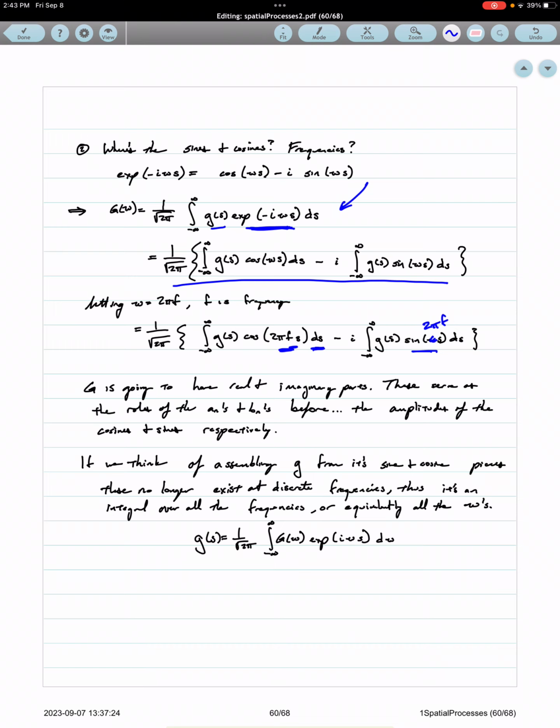Unlike in the previous Fourier series expression, we're going to have real and imaginary parts, but the real parts are going to serve as the An's, the coefficients, if you will, in this continuous setting, and the imaginary parts, the Bn's, are the coefficients associated with the sine part. So the imaginary parts are related to the sine waves.